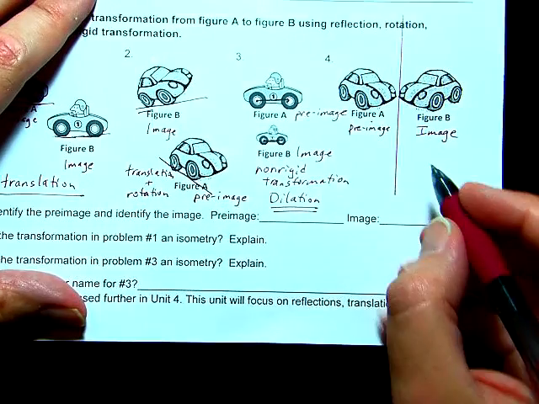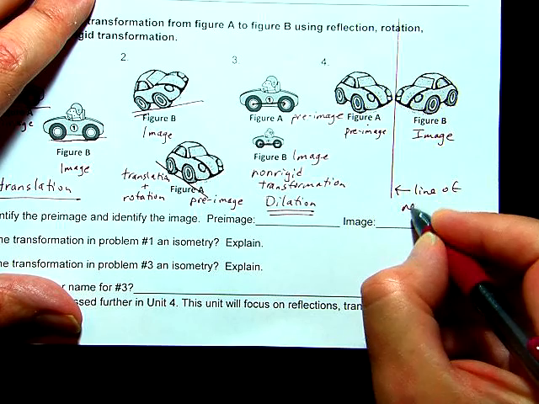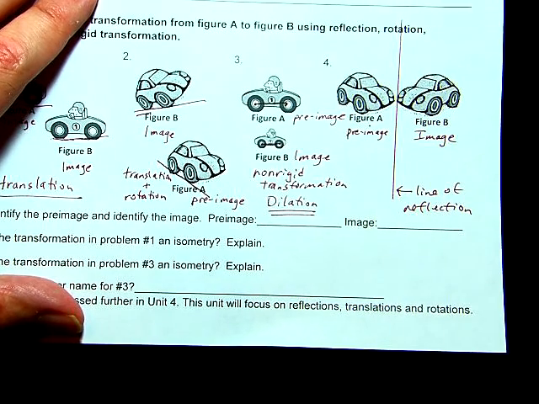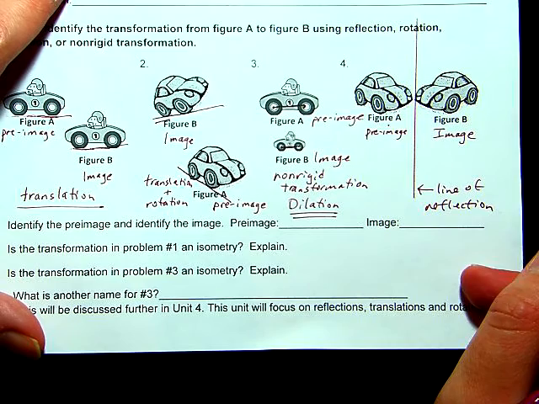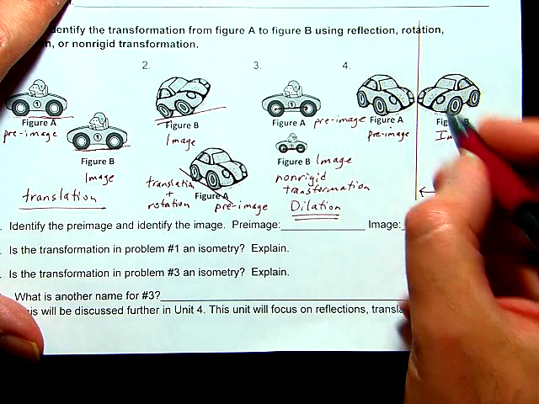So let me put in the line of reflection over here. And you can see that it's almost as if the 2 cars are looking right at each other through a mirror. One is the mirror image of the other, and therefore we've got a reflection.